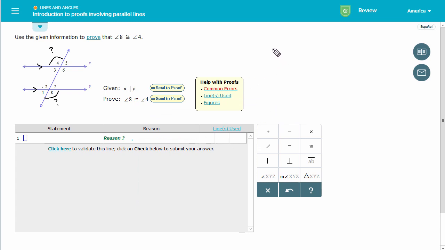The ones that might help us: if lines are parallel, then alternate interior angles are congruent. If lines are parallel, then alternate exterior angles are congruent. And if lines are parallel, then corresponding angles are congruent.